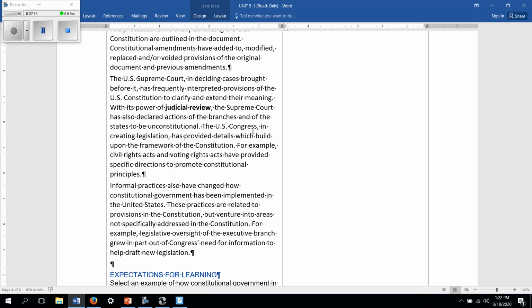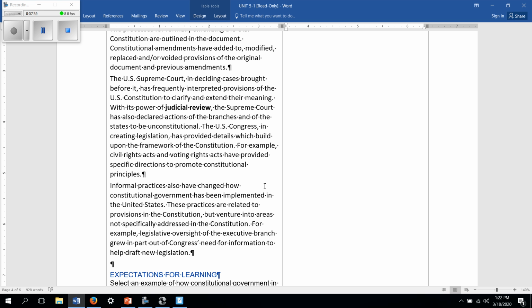And then finally, informal practices have also changed how constitutional government is implemented in the United States. These practices are related to provisions of the Constitution, but venture into areas not specifically addressed in the Constitution. For example, legislative oversight of the executive branch grew in part out of Congress' need for information to help draft new legislation.